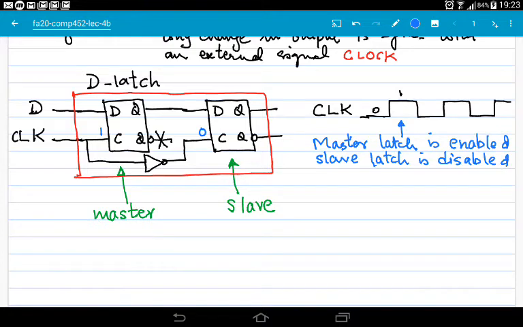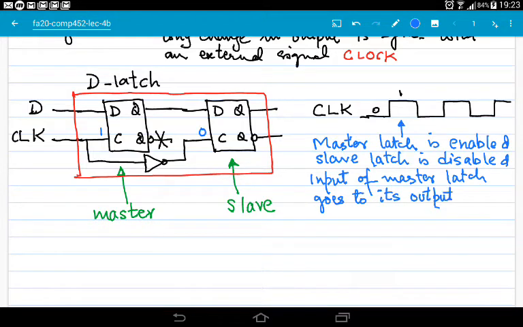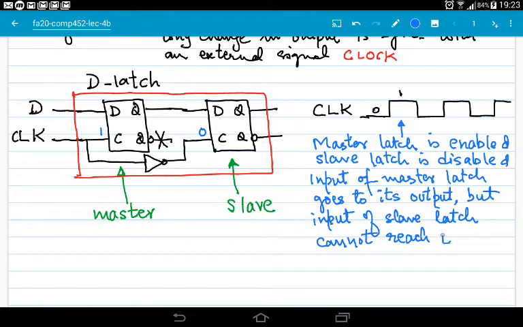So this further means that the input of master latch goes to its output, but the input of slave latch cannot reach its output.